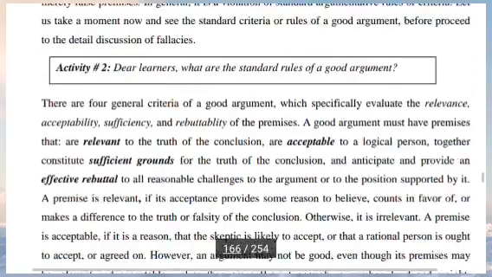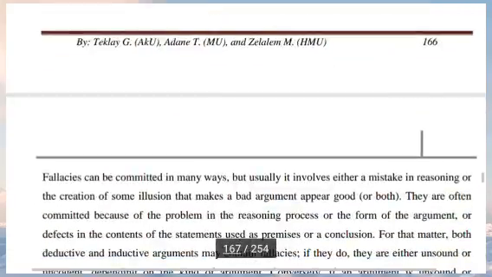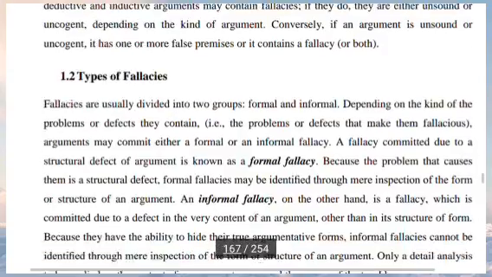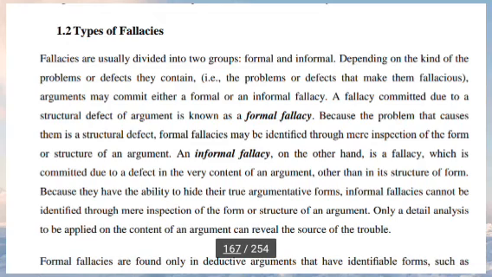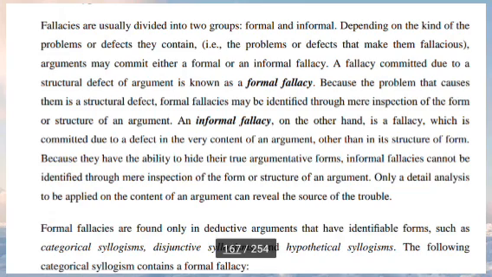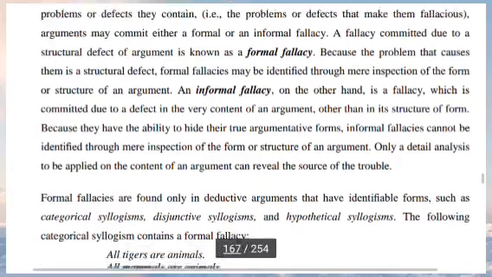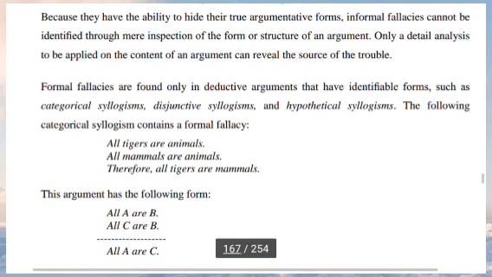Formal fallacy occurs if an argument contains a structural defect or a problem and violates the standard form of a good argument. ይሄ structure ላይ depend የሆነ fallacy formal fallacy ይባላል። ከዚህ በፊት እንደነገርኳችሁ a is equals to b if a is equals to b and if b is equals to c then a is equals to c የነዚህ ፎርሞች በእንደዚህ አይነት በፎርም ስህተት የሚፈጠር አይነት ከሆነ formal fallacy ይባላል። And formal fallacies are found only in deductive arguments that have identifiable forms like categorical syllogism, disjunctive syllogism and hypothetical syllogism.